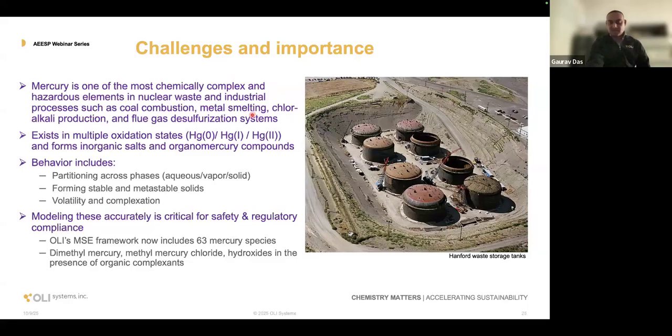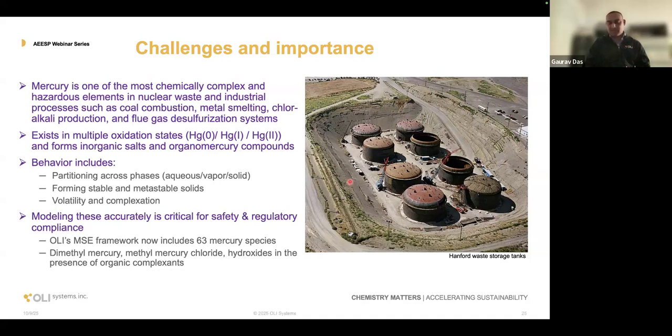In order to devise a remediation action, which is critical for safety and regulatory compliance, we need to model separation processes. And thus, understanding of the thermodynamic properties, such as partitioning across different phases, vapor, aqueous, vapor-liquid, which solid phase will precipitate.